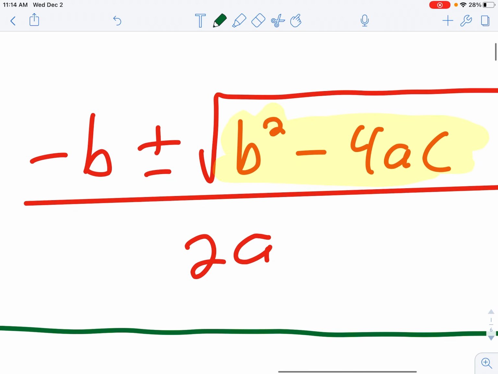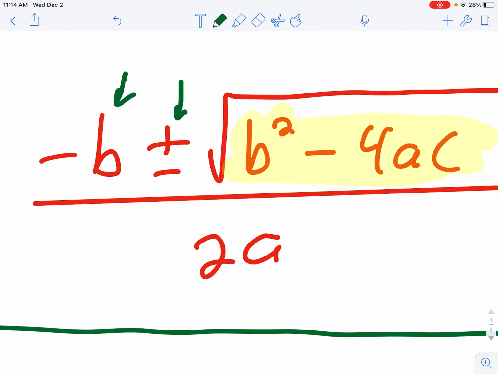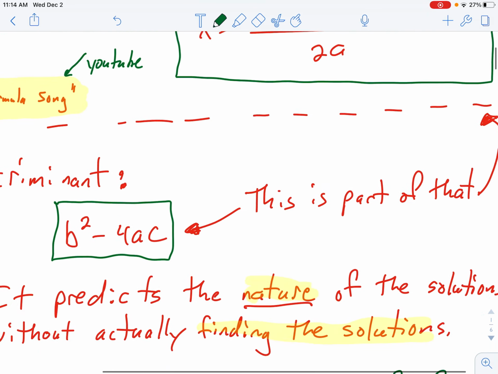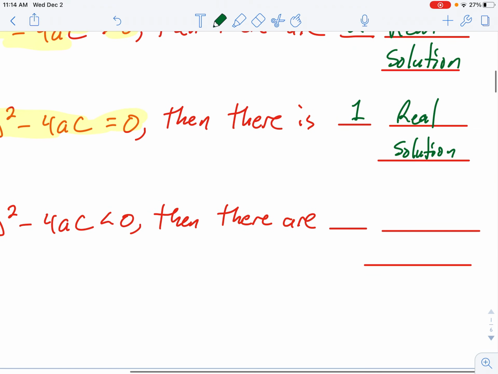Now think about plus or minus. If you got a number here and you add 0 to it or minus 0 from it, are you going to get two different numbers? No, adding 0 and subtracting 0 does the exact same thing. So if the discriminant is 0, you only get one answer, but it is still a real number.